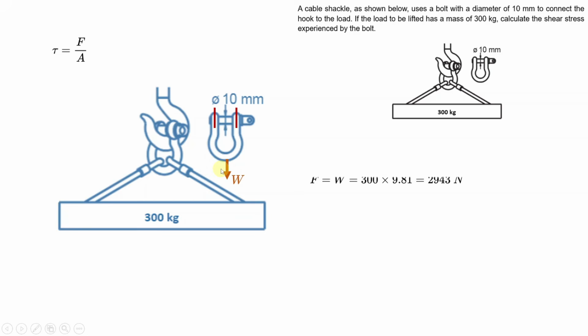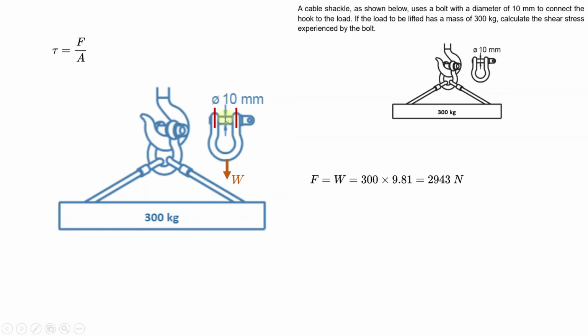F, which is equal to the weight, will be equal to 300 multiplied by 9.81. So what you get is 2,943 newtons. That is W, and that is also the value of F that you will use in your shear stress equation. Now we need to find the shear area.